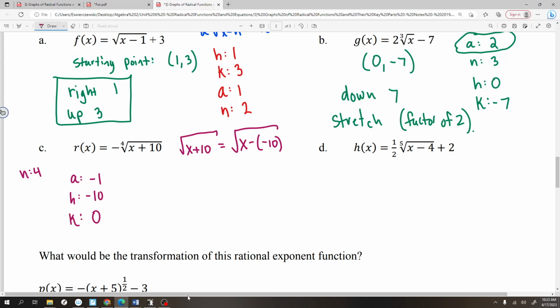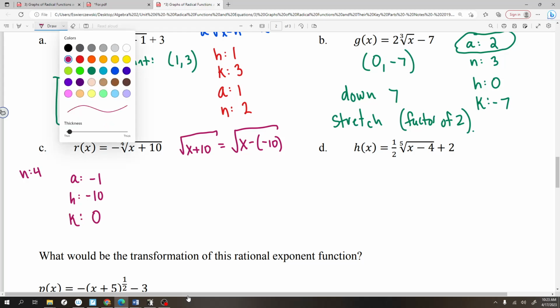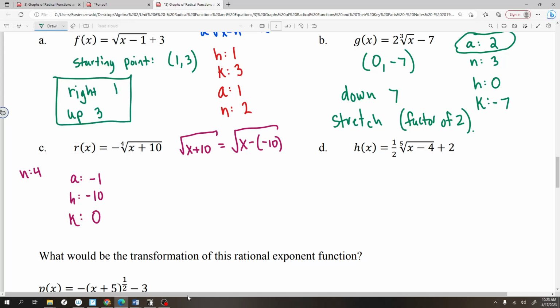All right. What is H comma K as a point? Ashley B, what is H comma K as a point? Well, what's H? -10 comma K. What is K? 0. So -10 comma 0 is the point.